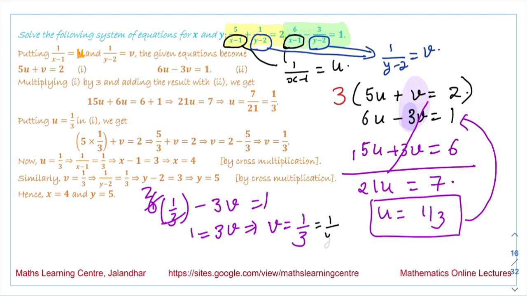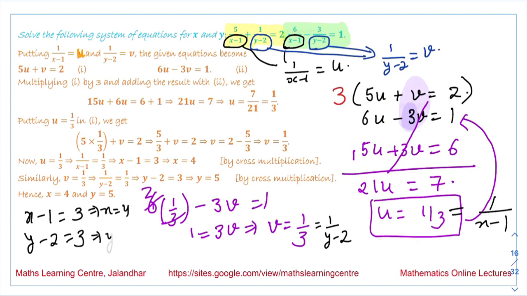It is 1 by y minus 2. What is the value of u? It is 1 over x minus 1. So what we get is x minus 1 is equal to 3 and y minus 2 is equal to 3. So this gives us x is equal to 4 and y is equal to 5. So these are the answers that we will obtain.